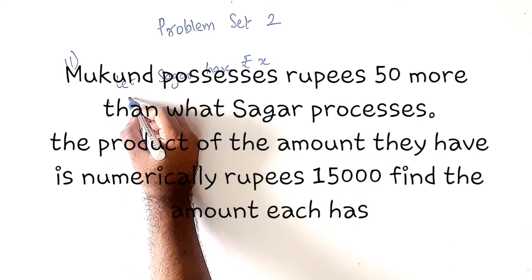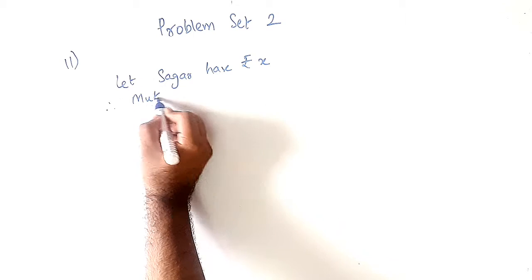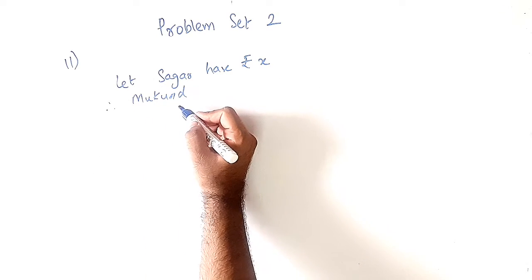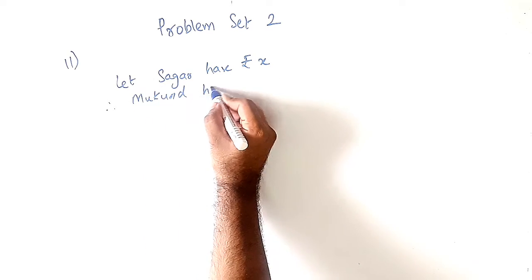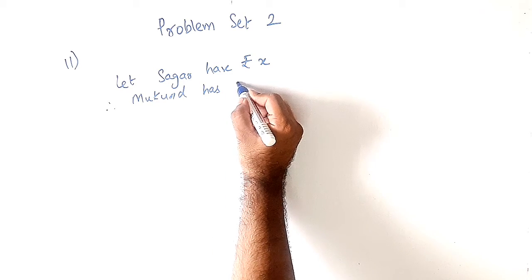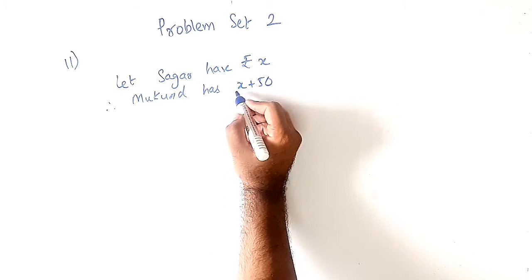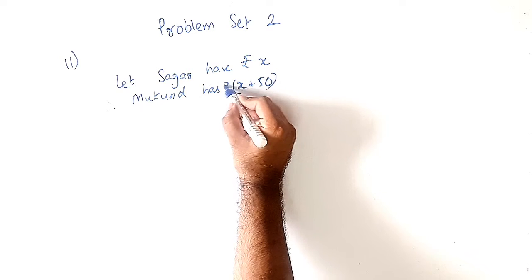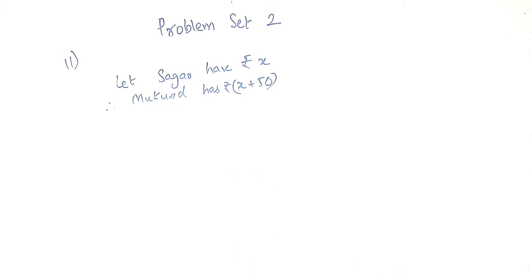Therefore, it is given that Mukund has 50 rupees more. So Mukund has x plus 50 rupees. The product of the amounts is numerically x into x plus 50.